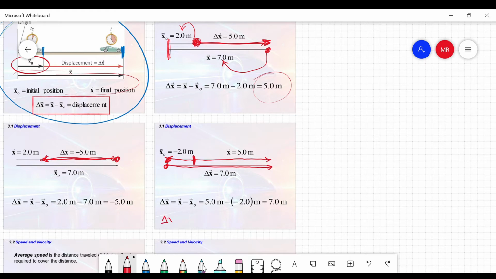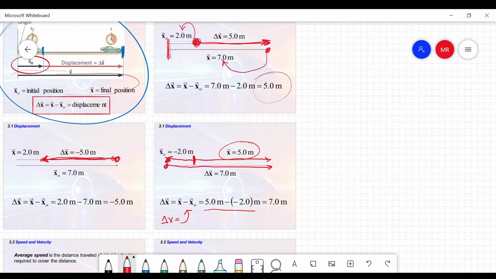So, delta x, sabi dito, ito yung equation, x minus x sub 0. Now, the vector 5.0 meters, the final position, then minus x sub 0, negative 2.0. That's why this will become 5.0 minus negative 2.0.